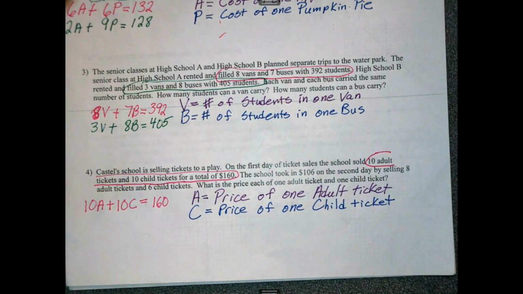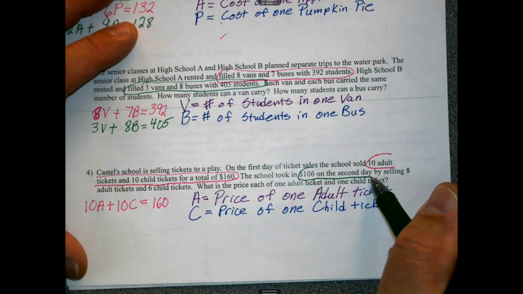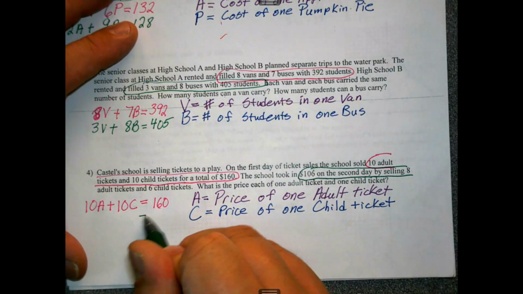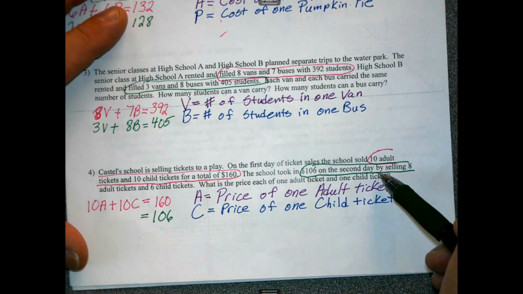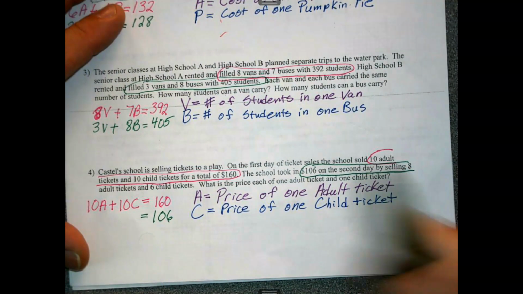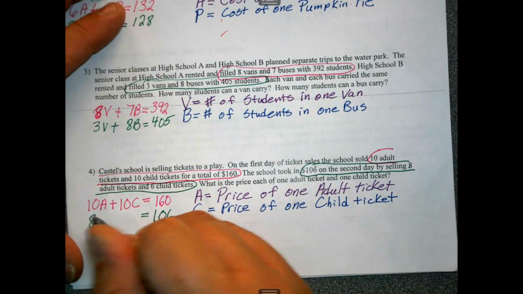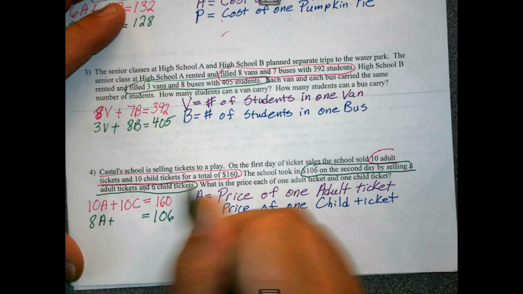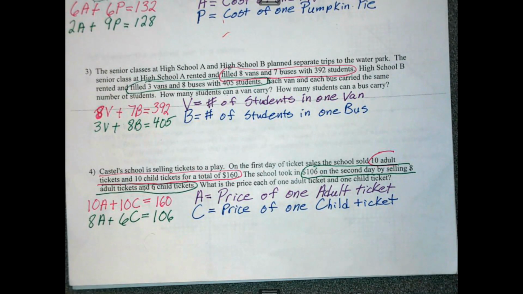Second equation: $106 equals, I'm going to keep it lined up here, 106 equals 8 adults and 6 child. And I'm done with that one.